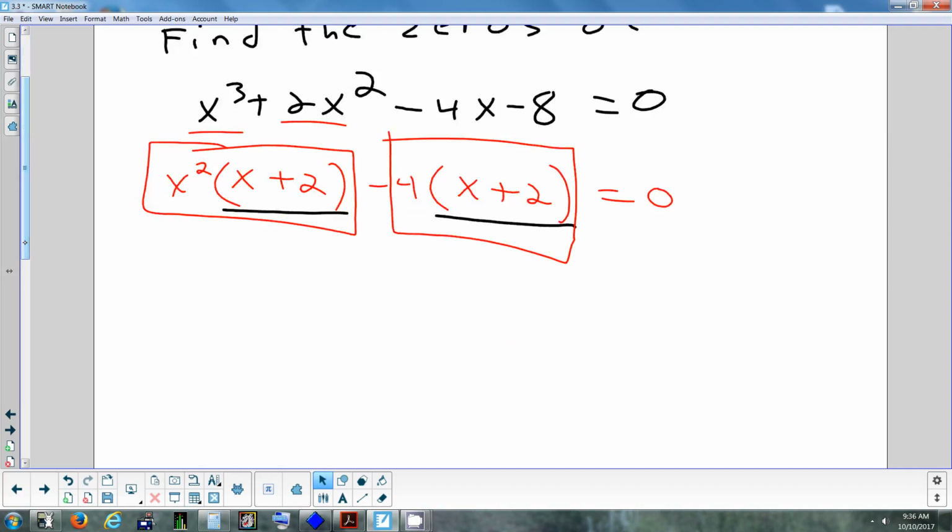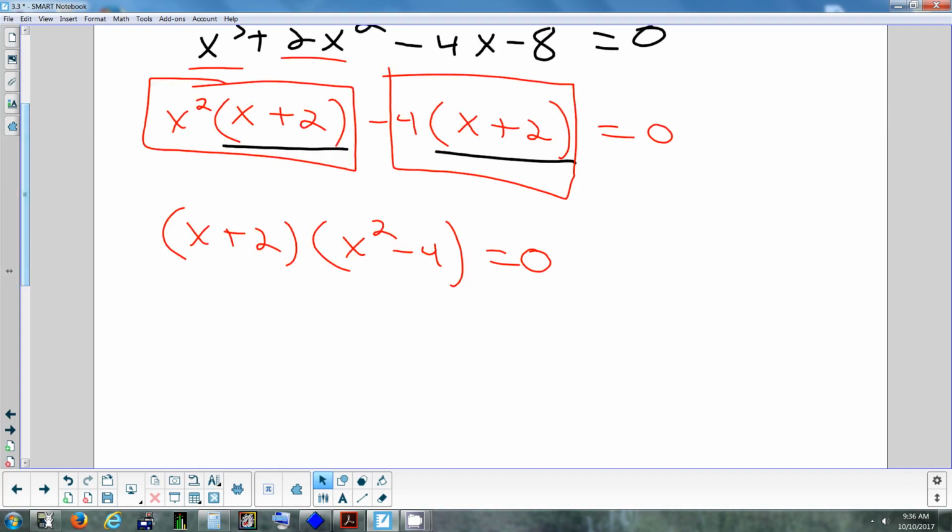So we'll factor out an x plus 2. And if I do that from the first box, what does that leave me with? Megan? x squared. And from the second box? Yeah, the -4. Now we've completely factored the left-hand side. Leo, what do I do with each one of these factors to find the solution? The x squared minus 4 will be factored again.